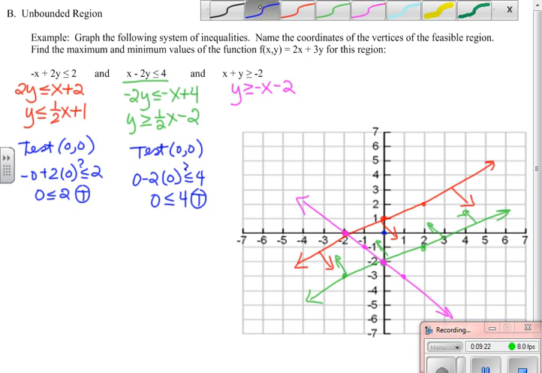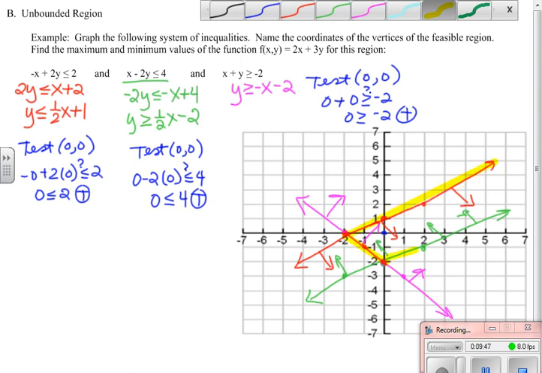Pick up my test point. 0 plus 0, is that greater than negative 2? 0 is greater than negative 2, so that is true. So I'm shading everything on this side. And so my overlapping region, where everything is true, is this area right in here.